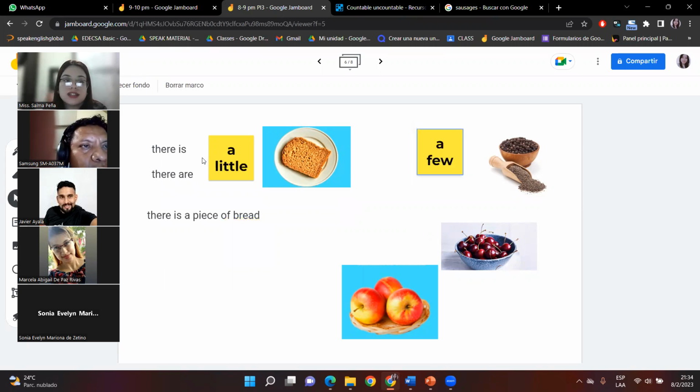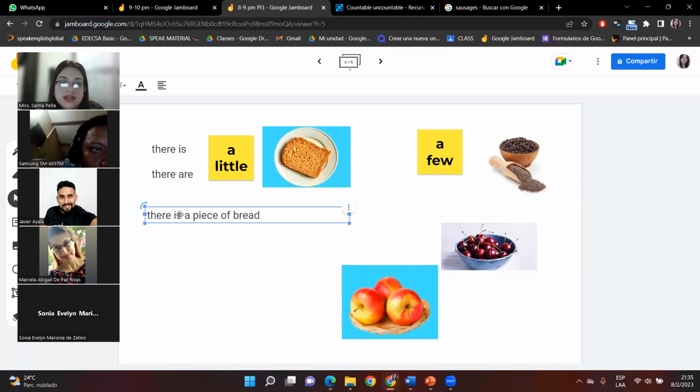You are changing. So you become bread, a quantifier noun. Why? Because you eliminate a liter. So both are correct. There is a piece of bread. It's just one piece of bread.